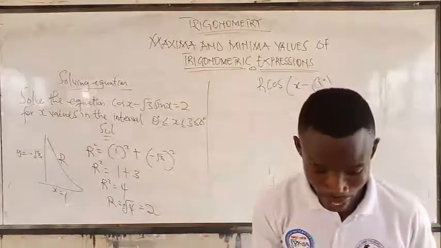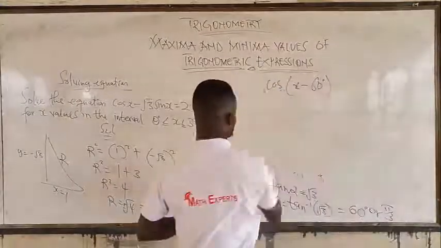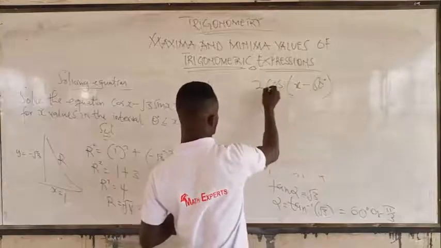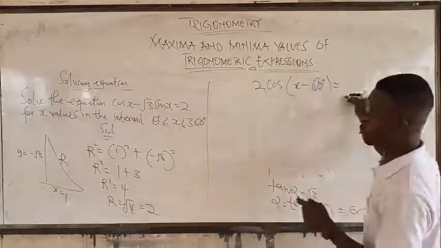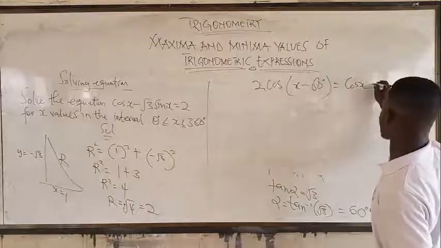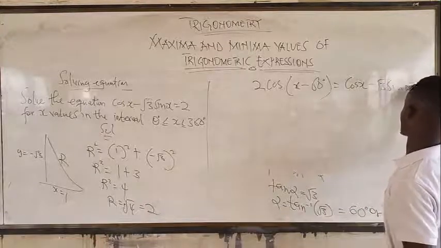And we know that our r is 2. And this is equal to cos x minus square root of 3 sine x.